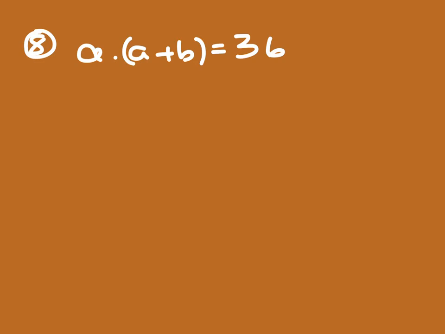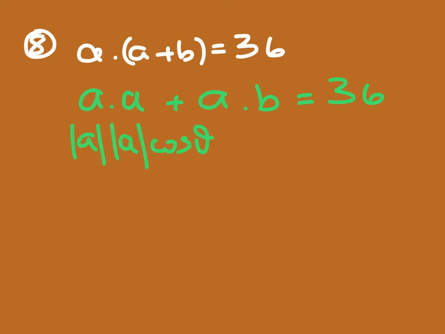Question 8. Got a little formula. It says a dot (a add b) is 36. So let's remove the brackets. So you've got a dot a plus a dot b is 36. A dot a is the length of a times the length of a times cos theta.